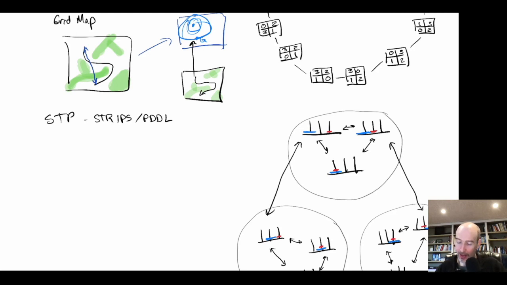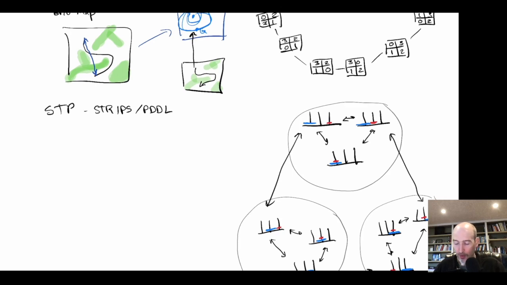And the idea that you have here is that when I want to apply an operator, so if I have an operator that says, for instance, move, and I want to move something from A to B, I'm going to have some preconditions. Now, there are a lot of different ways you can write this, and it depends on how you're encoding your state space.